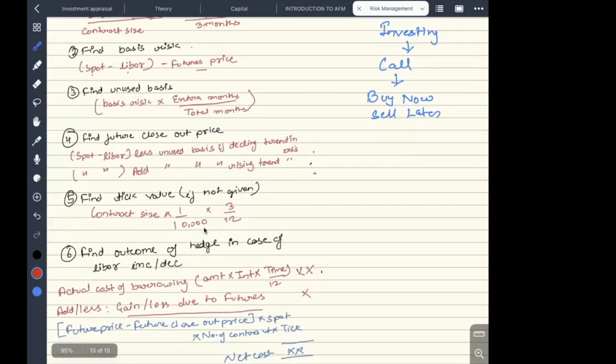If you are borrowing, it means you are taking a put. Put means sell now, buy later. Correct? This is the rule.